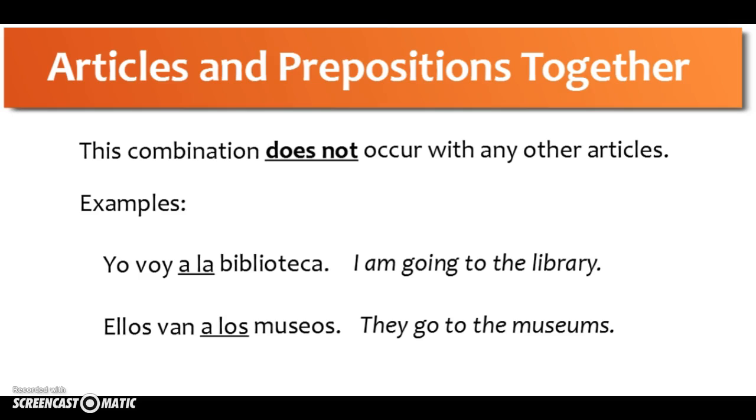We do not make these combinations with anything other than the singular masculine article el. With la, los, or las, the two words stay separate. Yo voy a la biblioteca, ellos van a los museos. It is only a and el or de and el that are combined.